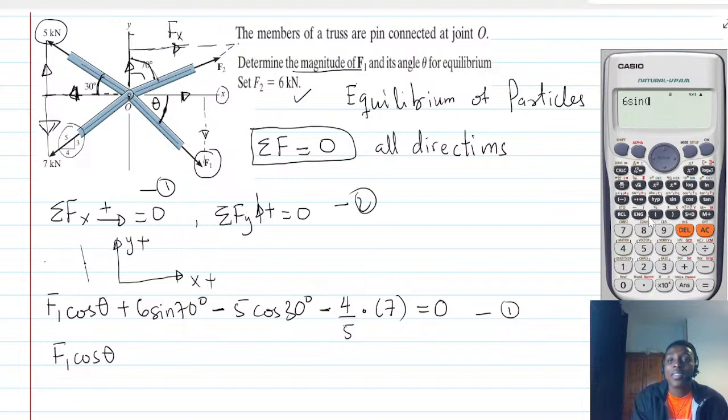So 6 sine 70, and then minus what? 5 cos 30, right?